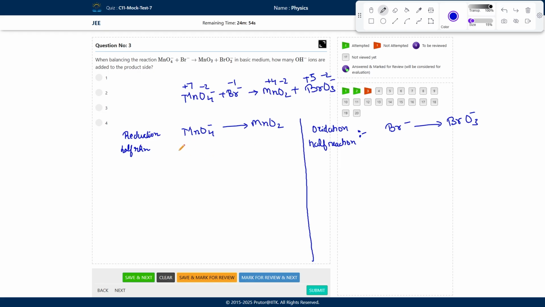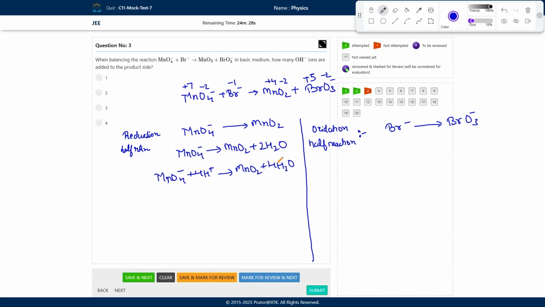So MnO4 minus: manganese is already balanced, so we need to balance the oxygen. MnO4 minus gives MnO2 plus 2H2O. Then the next thing is to balance hydrogen. So MnO4 minus plus 4H plus gives MnO2 plus 4H2O.